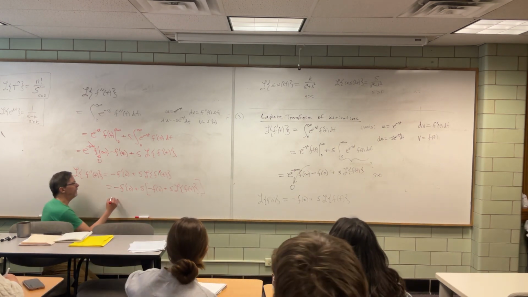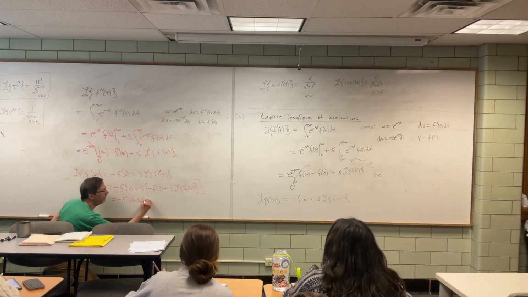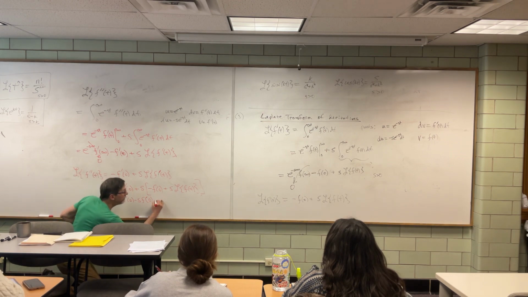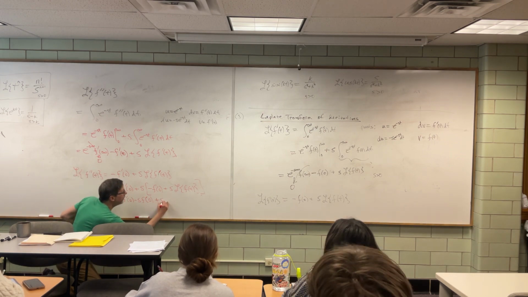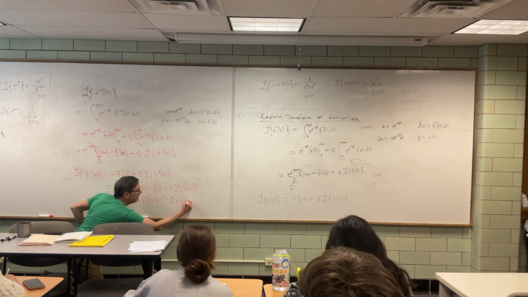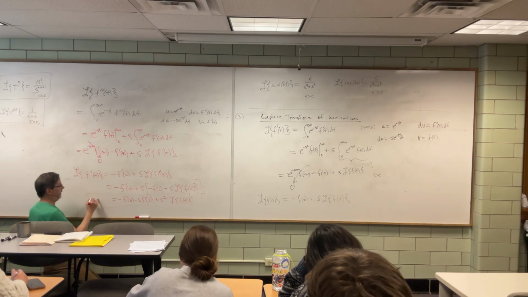And I'm going to simplify. So this is negative f prime at 0 minus s f of 0. Derivative, no derivative, plus s squared Laplace transform of f of t. That is how you do the second derivative.